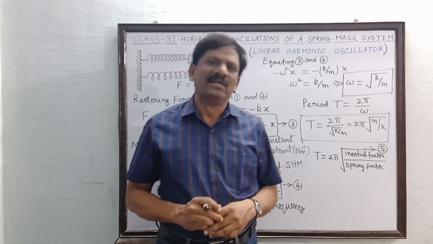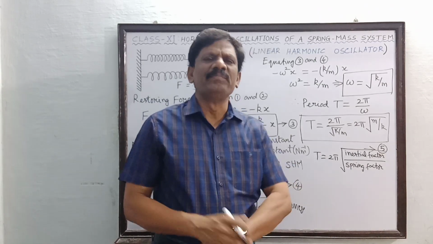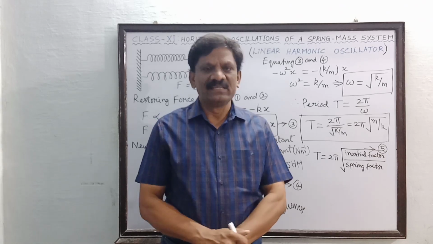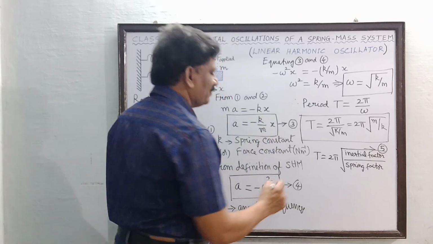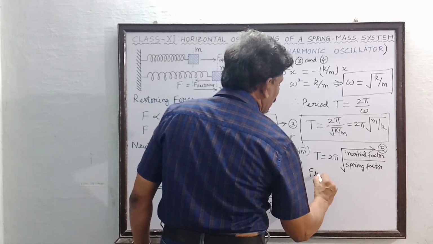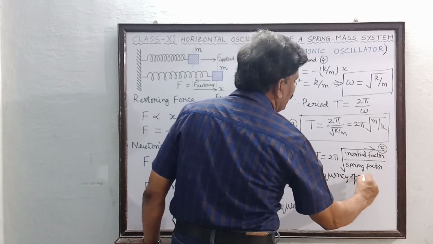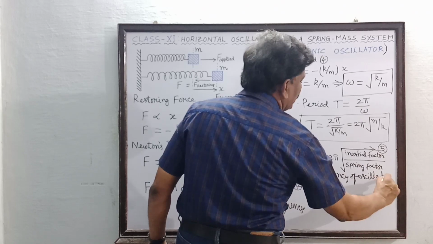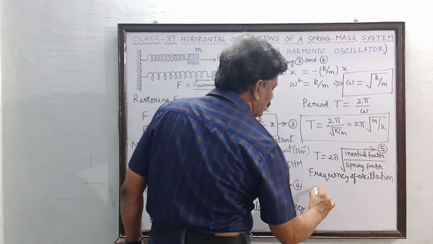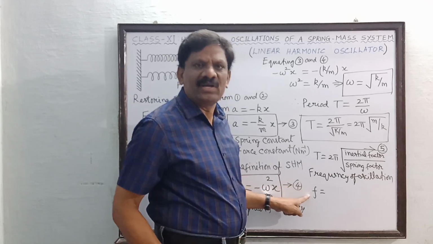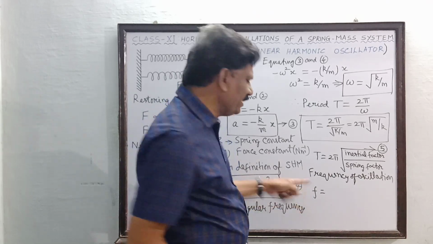Okay children, if you take the reciprocal of the time period, what expression do we get? Yes, that is the frequency of oscillation. It is a reciprocal. So f is equal to, you can use different symbols, f or nu, or small n, any symbol.